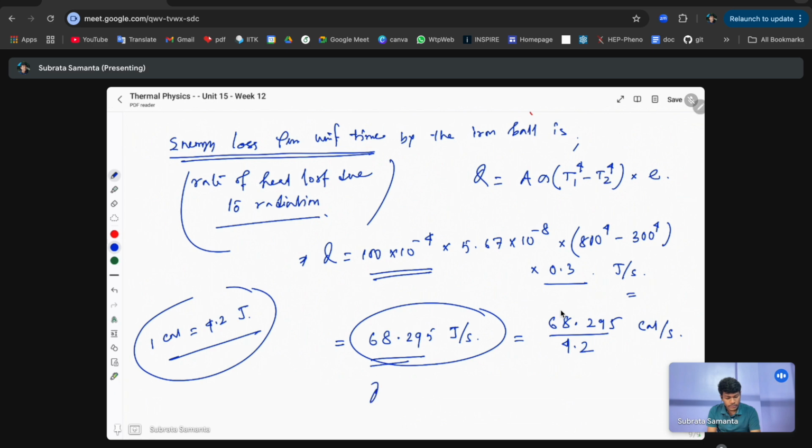So then your answer is Q equals 16.26 calorie per second.